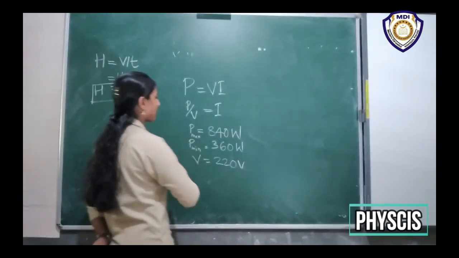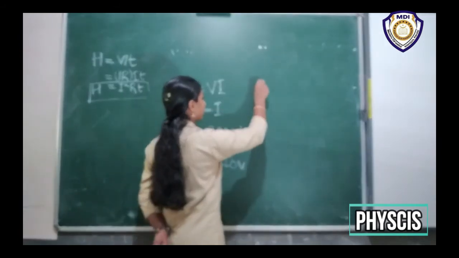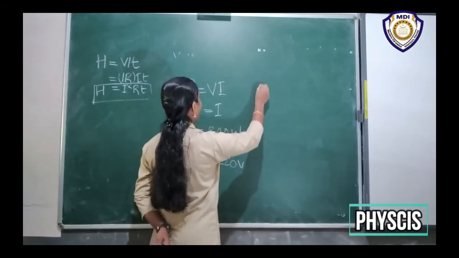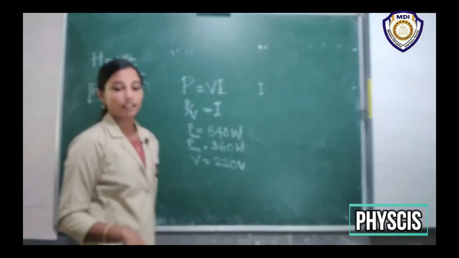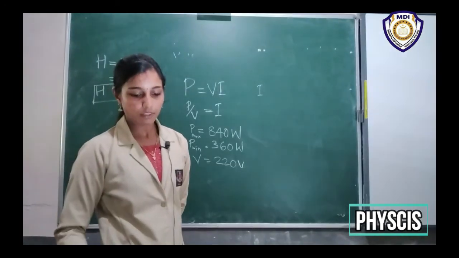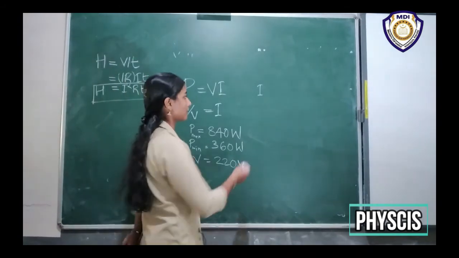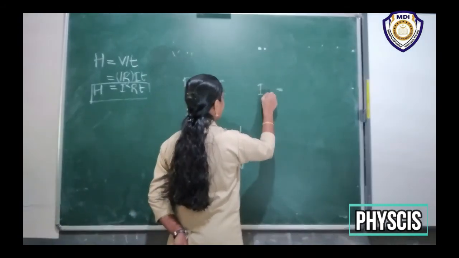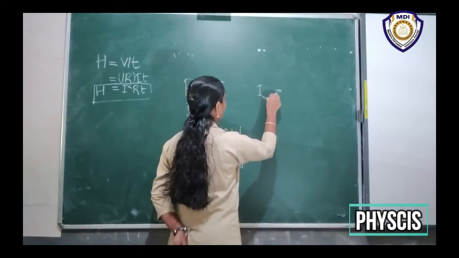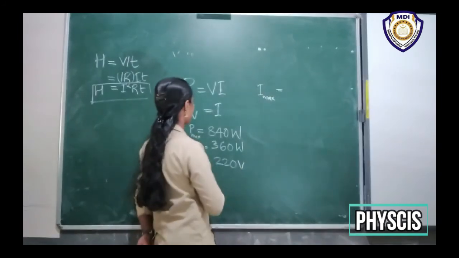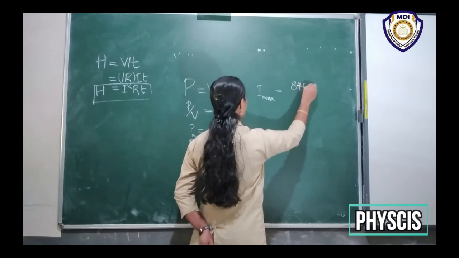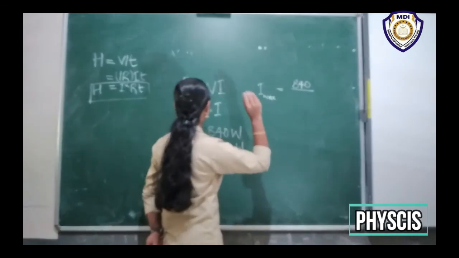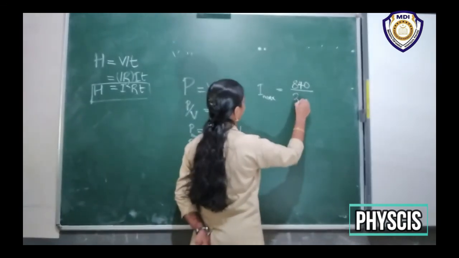Okay, so at first we have to find I when the electric iron works heating at a maximum rate. So I max is equal to P max, that is 840 watt divided by 220 volt.